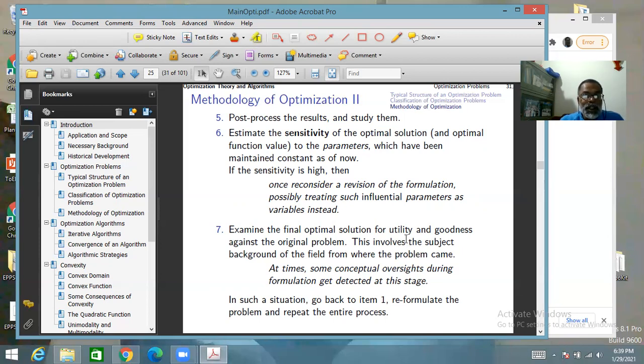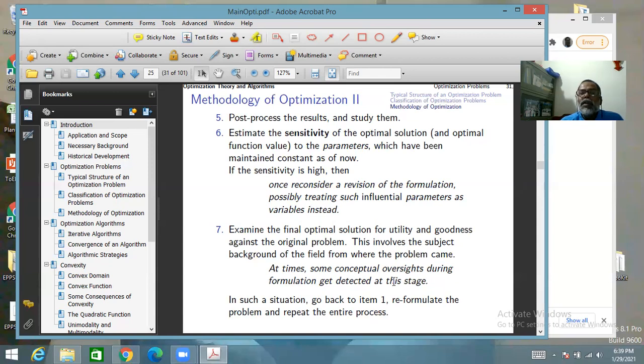How good is the solution in the physics, or in the application, or in the engineering of the thing? This will involve the subject background from where the problem came. And sometimes some conceptual oversights, what you call silly mistakes in formulation, get caught at this stage.